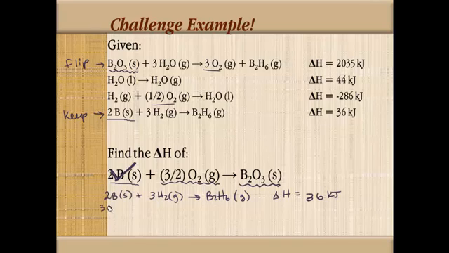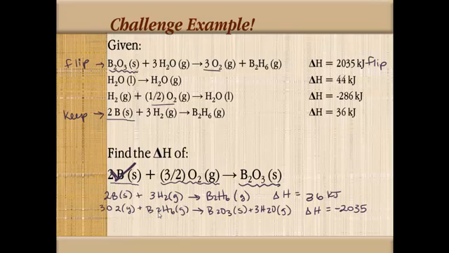So 3O2 gas plus B2H6 gas becomes B2O3 solid plus 3H2O gas. My delta H is also flipped, so negative 2035.